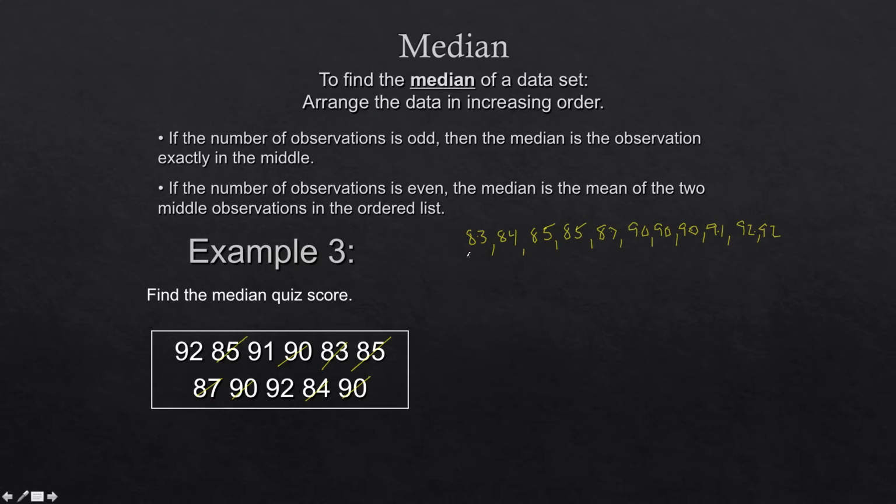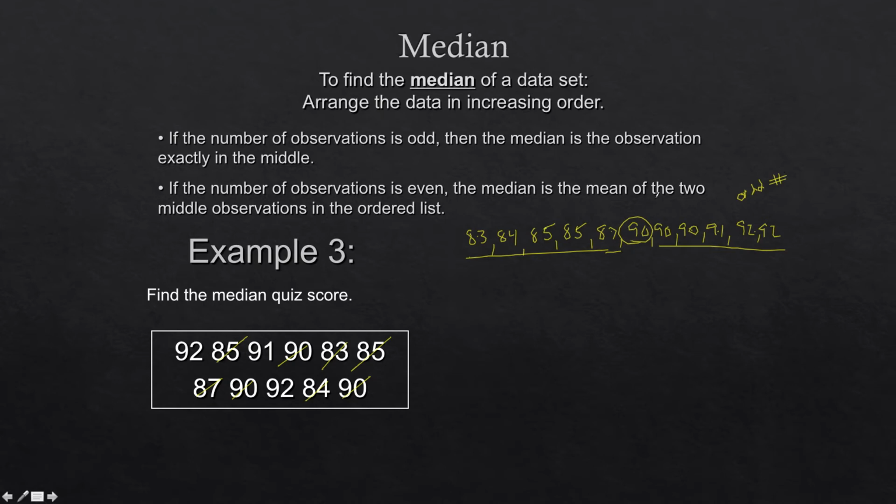If I have 11, I should have 5 to one side, 5 to the other. So 90 would be my median there. That's an odd number of values. We had 11.